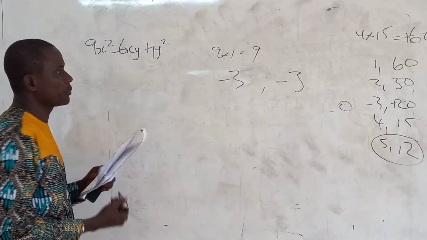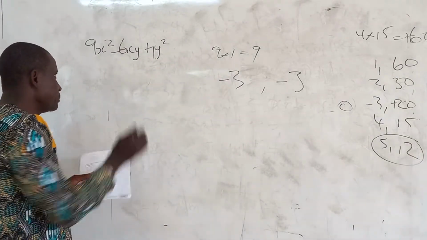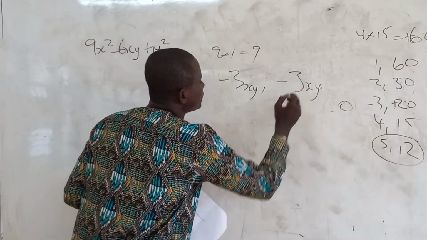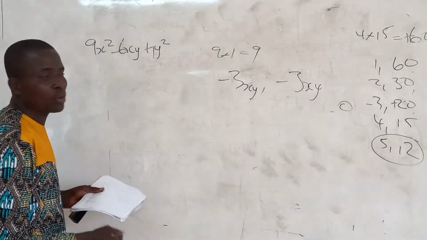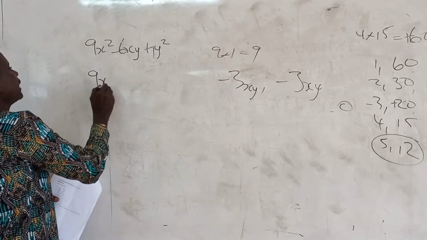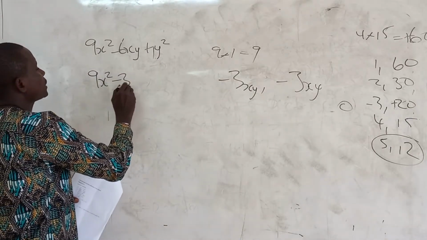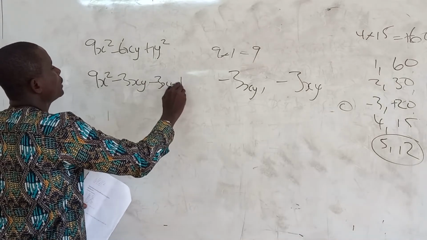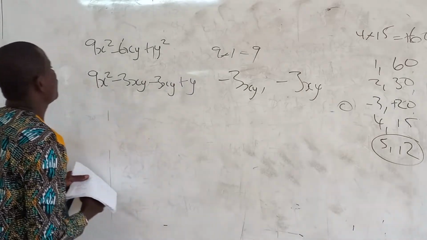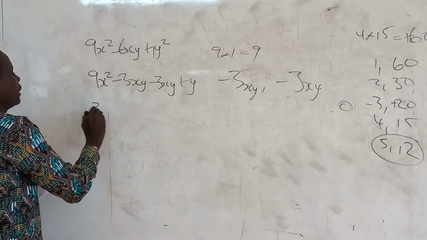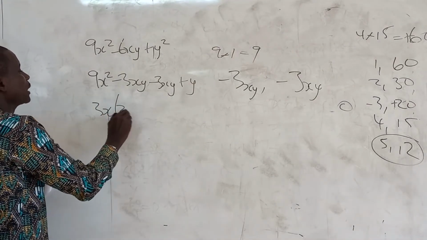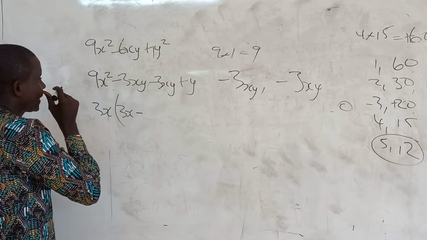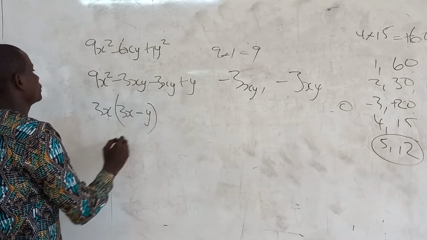After multiplying. But watch it. Remember here, it's going to be xy, and here is also xy. So look at what I'm going to put there. It's 9x squared minus 3xy minus 3xy again. Then plus y squared. What is going on here? 3x into bracket, another 3x, minus y.